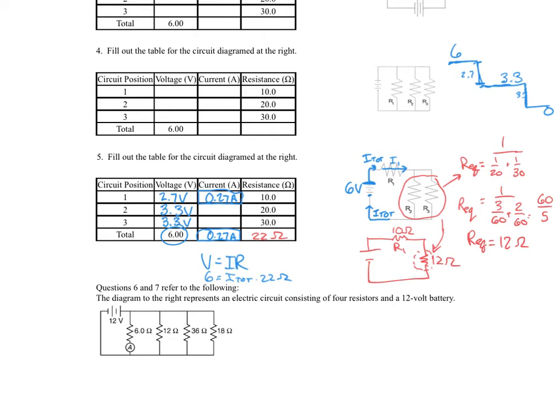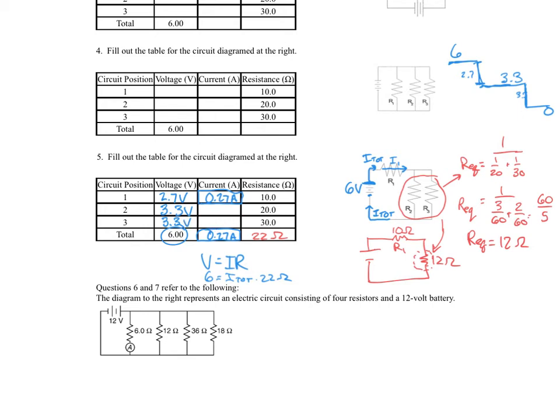So filling that in then, if you had 3.3 volts across each of these, no matter which branch you would go down, and you have the resistance of each of these lines, then you can solve for how much individual current is going to each of these sections.